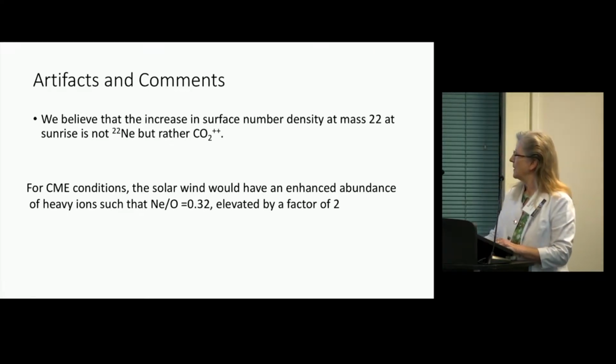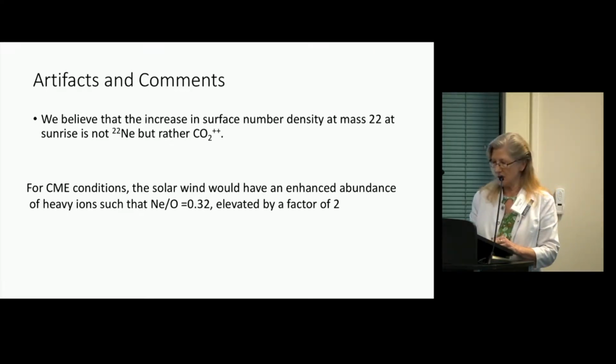But we know that if there's a CME condition, not only is the proton flux increased, but the ratio of heavy elements in the solar wind is increased as well.